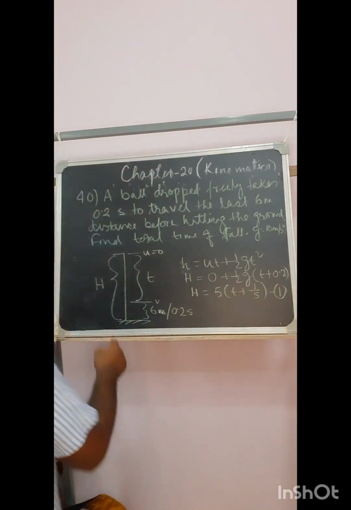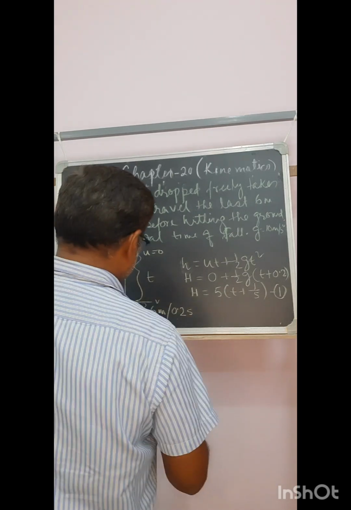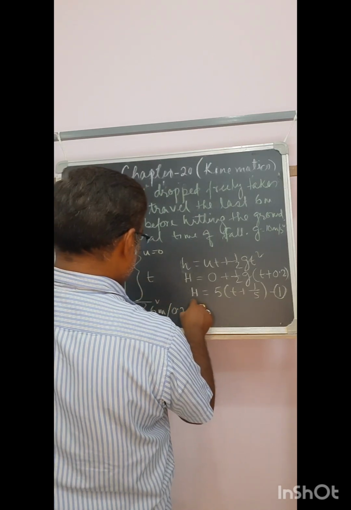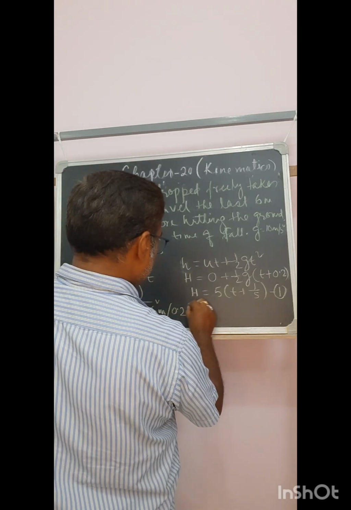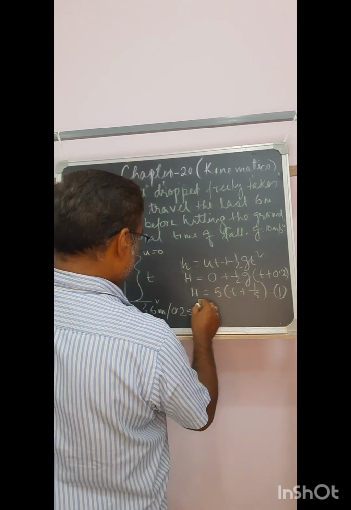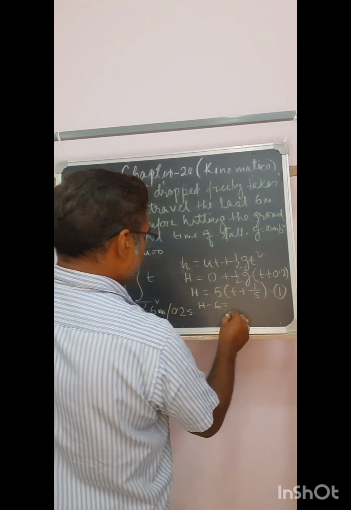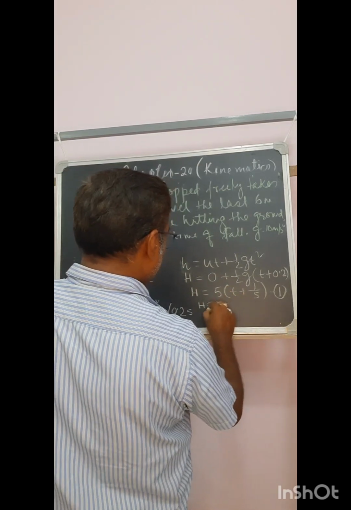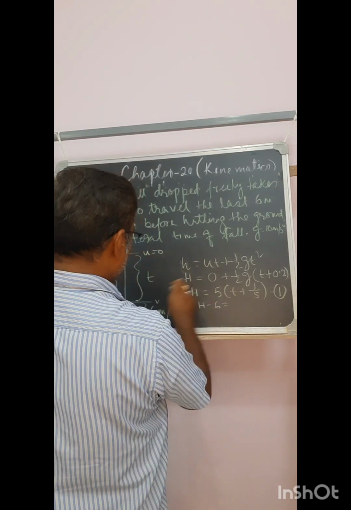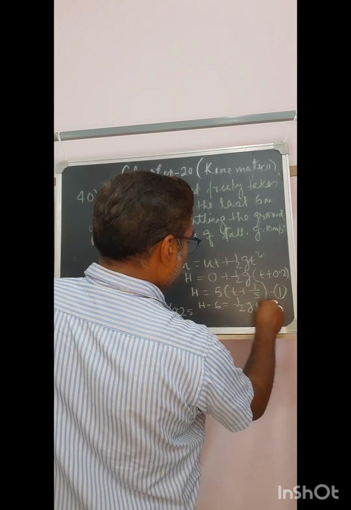And if I consider the height up to this point, then what would be the equation? In this case the height will be h minus 6. With the same formula, h minus 6, u will be 0, t will be t that I have taken, and it is half g t square.